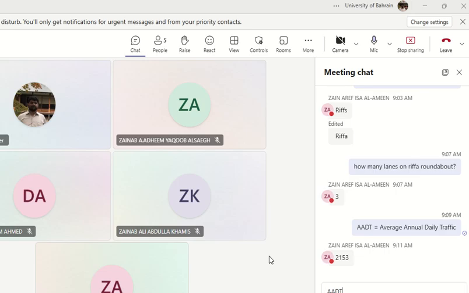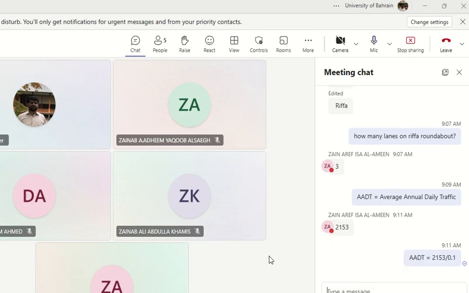If you want ADT, usually a factor between 10 to 12% is used. So let's say if you are using a factor of 10%, we'll assume this is 10% of the total. Total is ADT, so this is 10% of ADT. If this is 10% of ADT, then ADT will be this much. I'll divide by 10% because I want the total ADT.